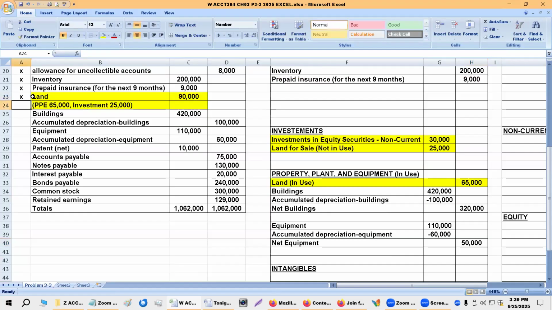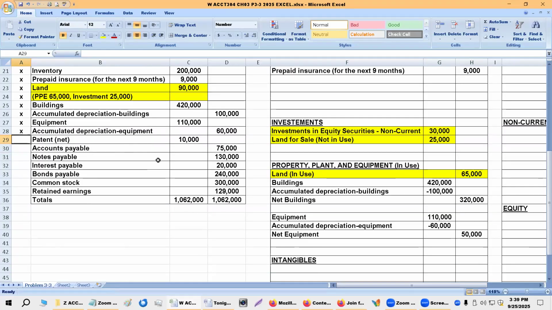Let's check these off. Pens. Where does that go? Intangible.